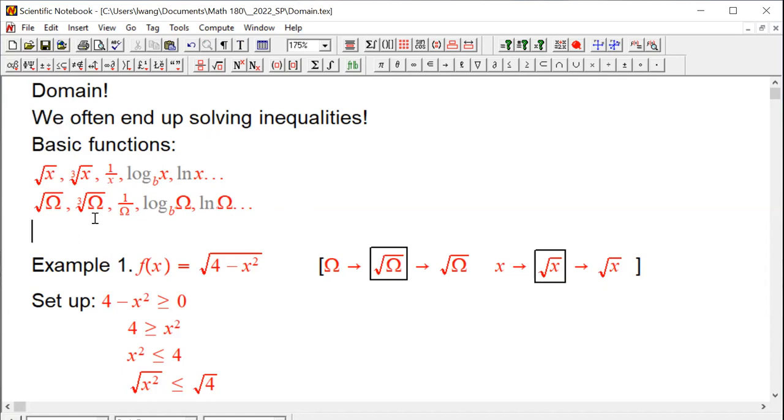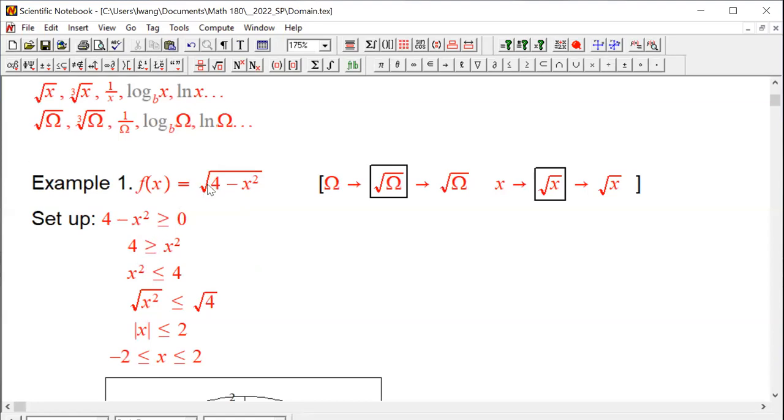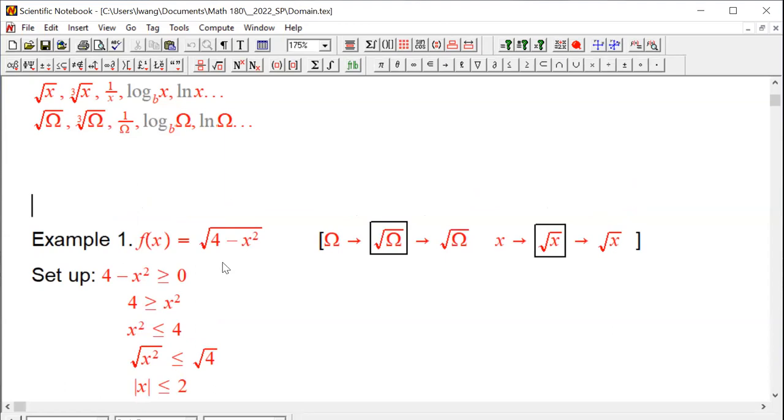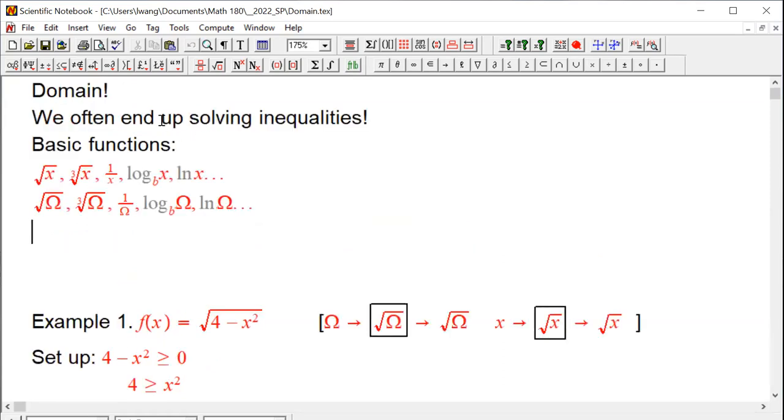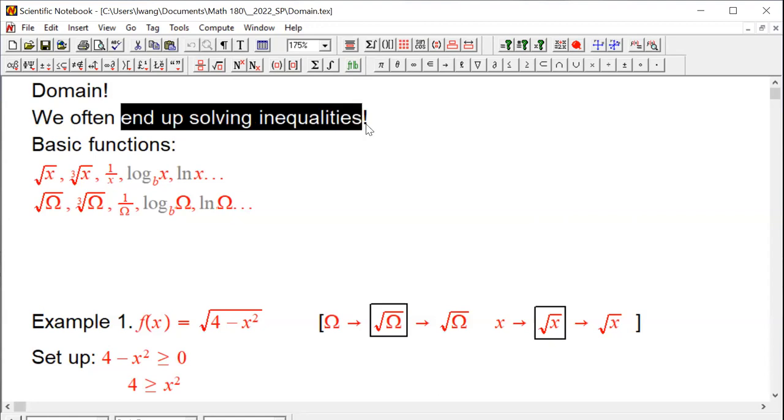So when we set them up, like in these examples, we view it as an omega, but this omega is 4 minus x squared. It's more complicated, right? In the logarithm case, you need to consider the requirement, and those requirements often come from the basic function. And then you end up solving inequalities.